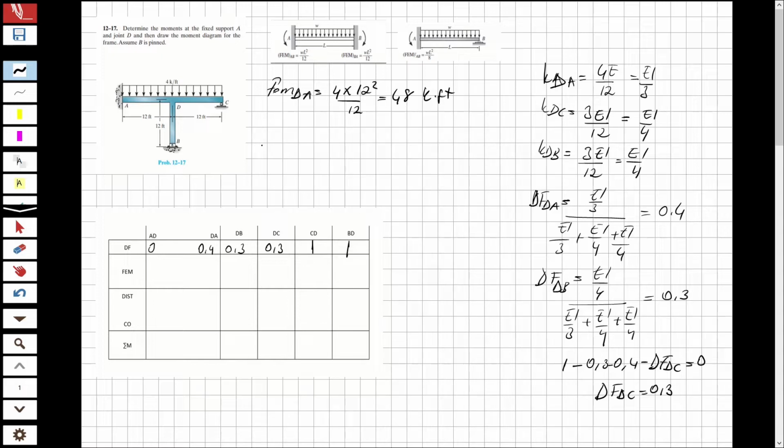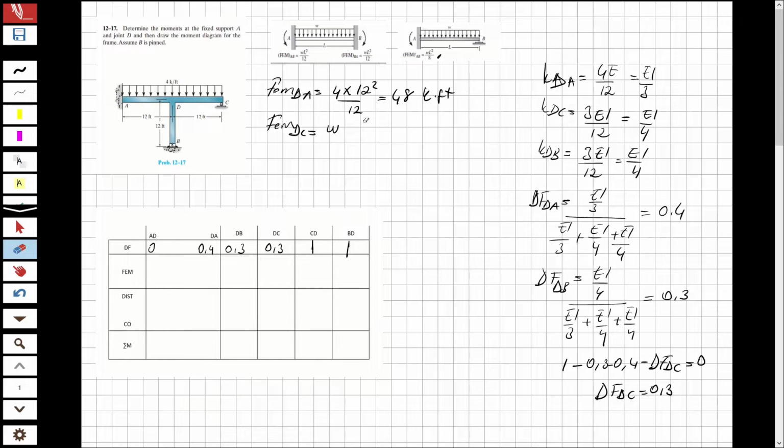And now let's calculate, of course, for DC. That will be wL squared over 8.